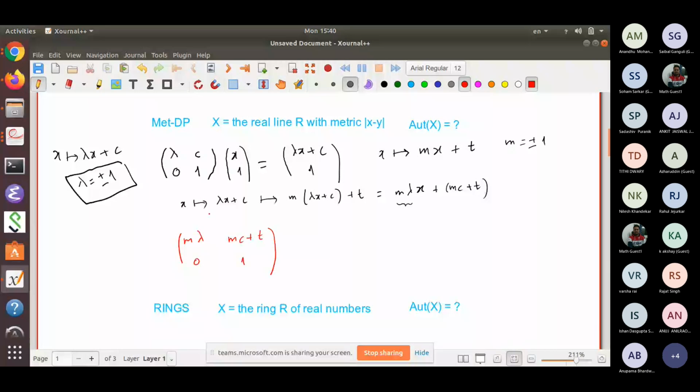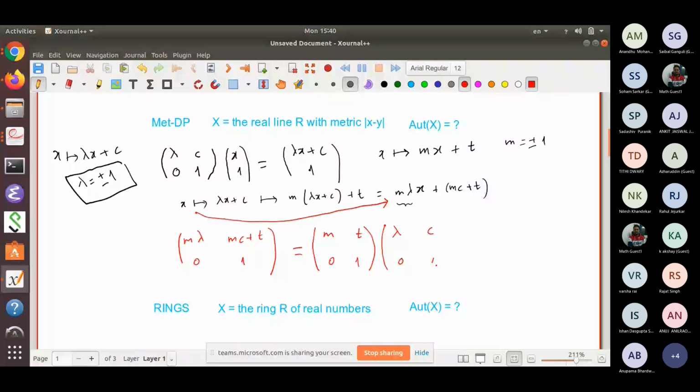This is the composite transformation, by the way we represent any matrix. And then you can see this is just the matrix product m t 0, 1 times lambda c 0, 1. Is that okay?